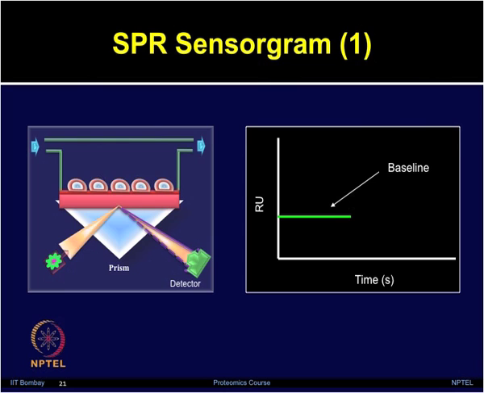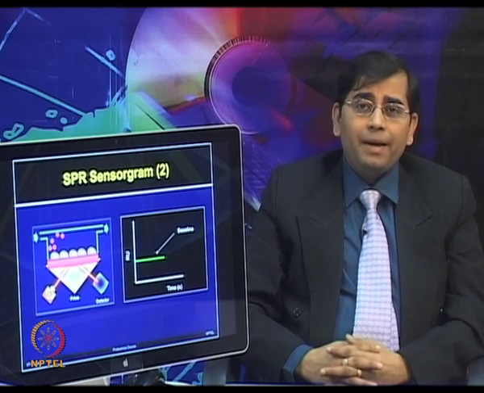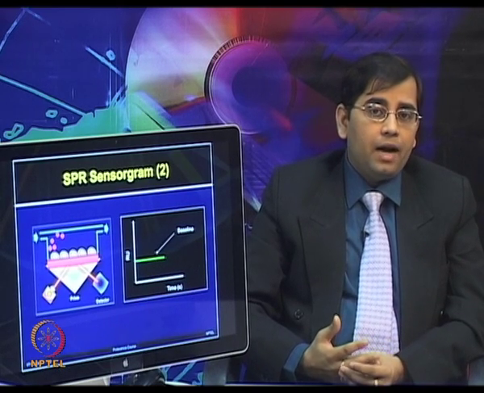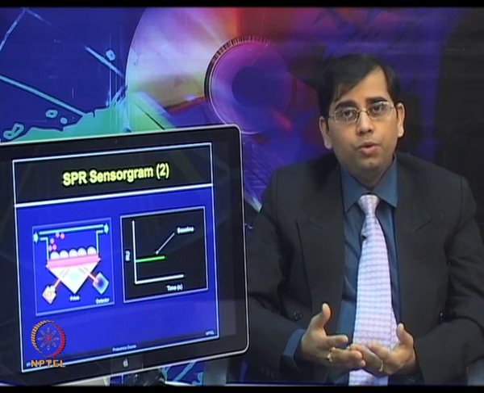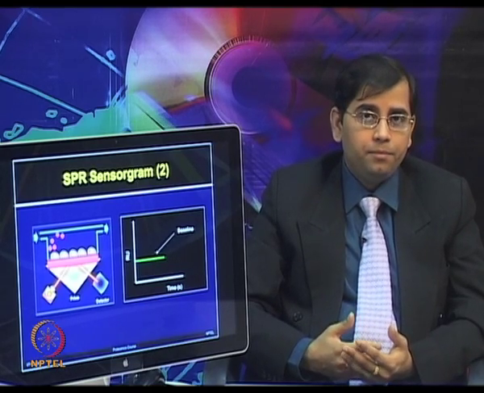Initially, the running buffer is added onto a SPR chip containing printed antibodies or proteins, and the baseline is straight. Now, the baseline remains straight until the query molecule or the test molecule is added in the medium.